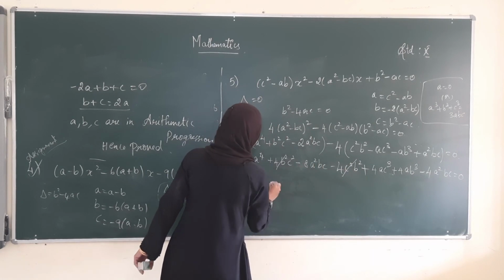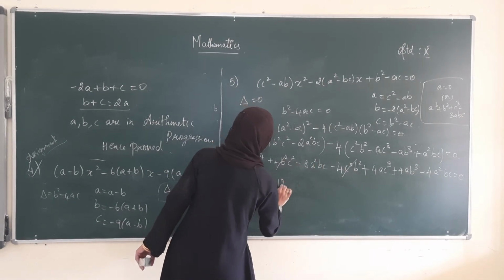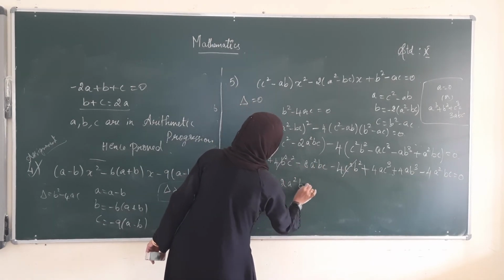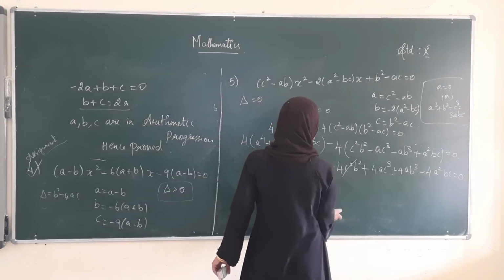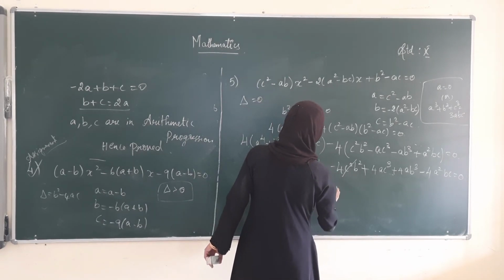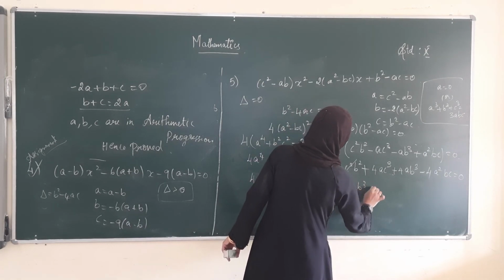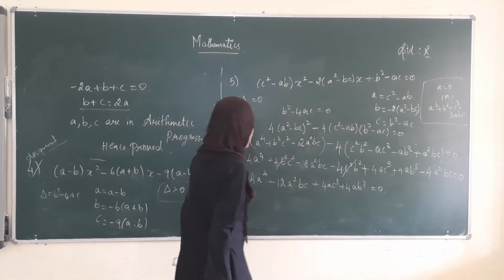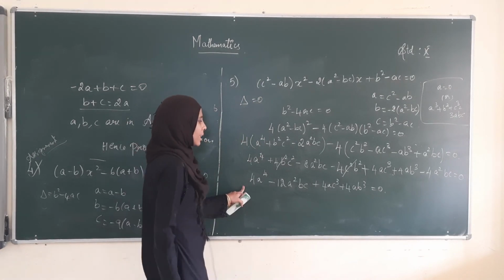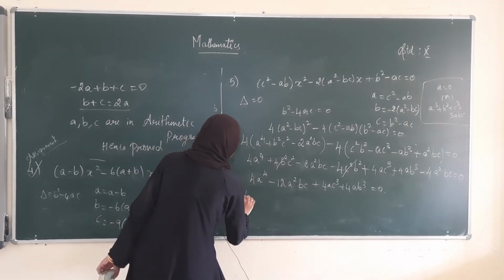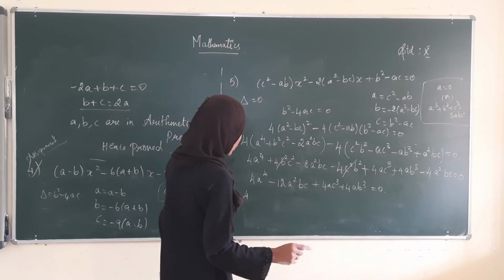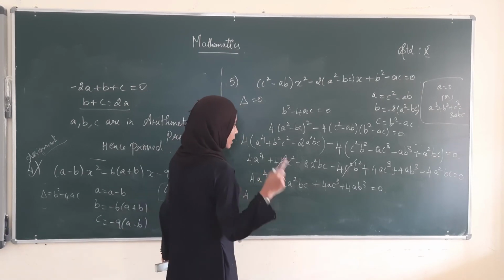Minus 8 and minus 4 should be added, minus 12a squared bc. And here again plus 4ac cube plus 4ab cube is equal to 0. From this we can take 4 outside, and one a outside, right?